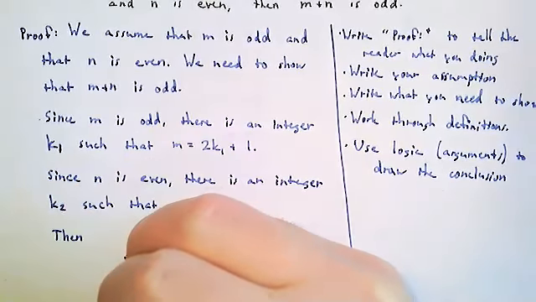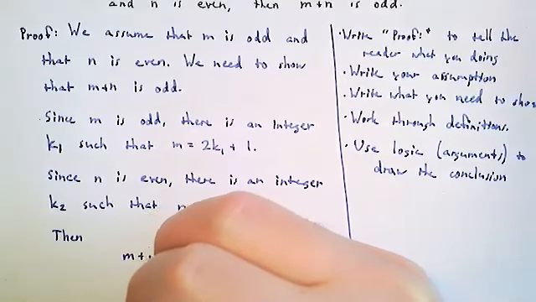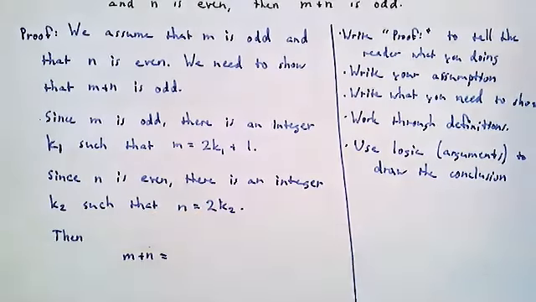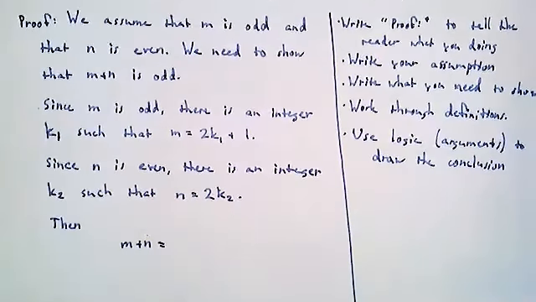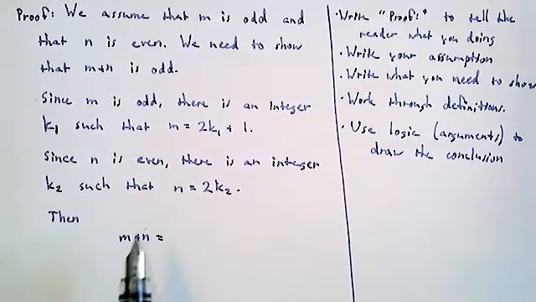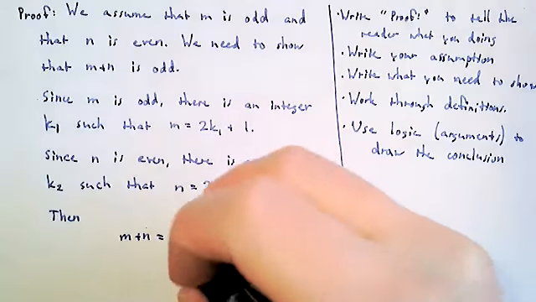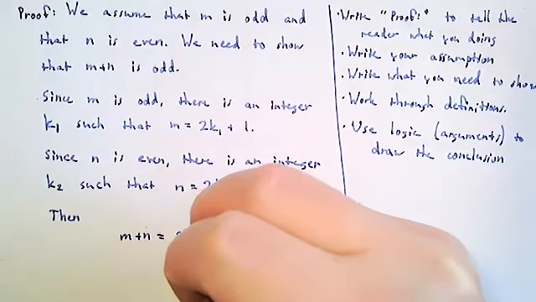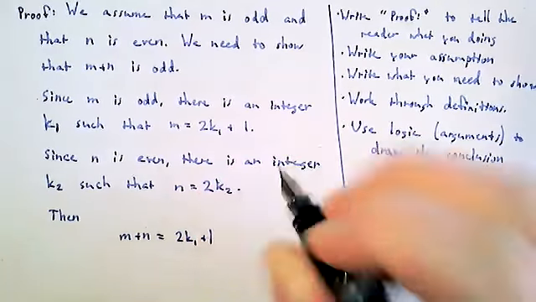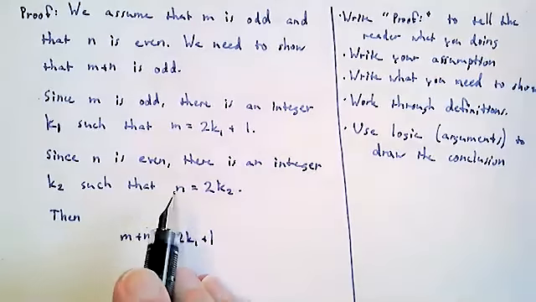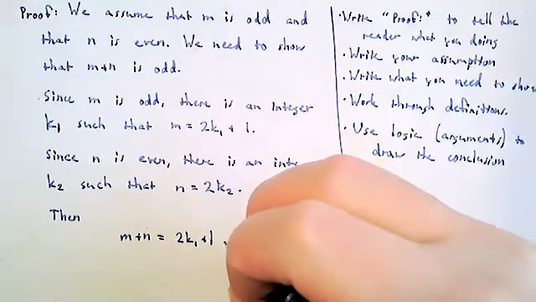So maybe I'll work here in the middle, since I'm going to be doing some scratch work, essentially, as part of my explanation. m plus n, I can plug in these other things. m is equal to 2k plus 1, 2k1 plus 1, excuse me. n is equal to 2k2.